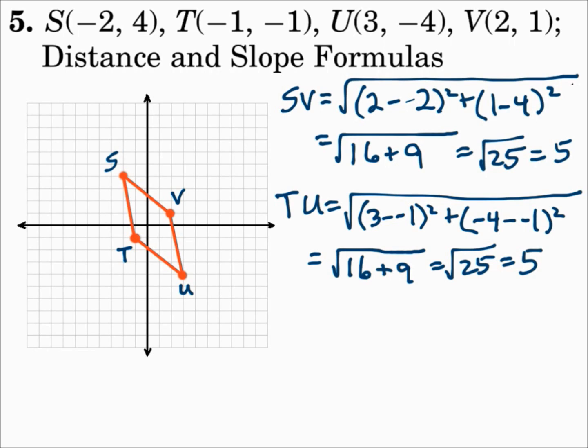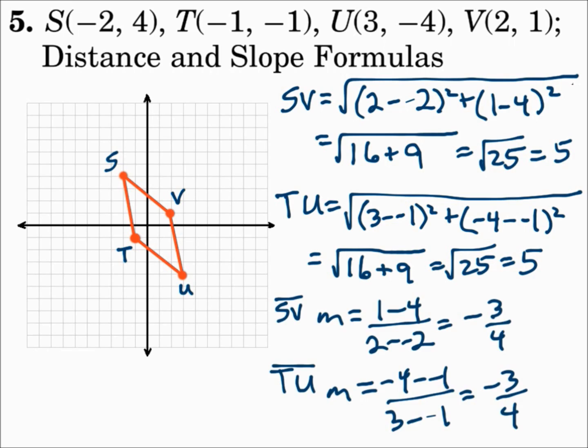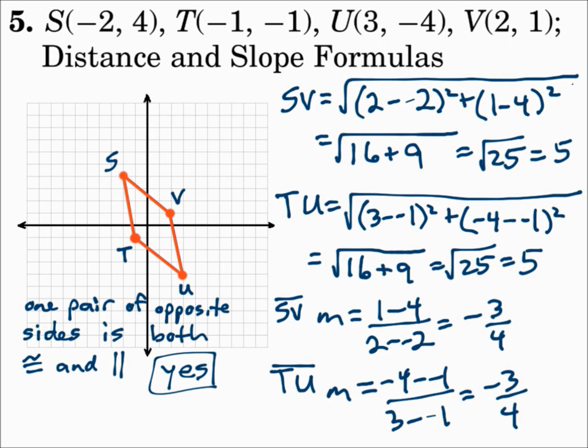So we know that the pair of opposite sides is congruent. Now let's do the slope formula to see if they're also parallel. When you do the slope formula, they each have a slope of -3/4. And since the slopes are the same, it makes them parallel. So we have one pair of opposite sides that is both congruent and parallel. Yes, it's a parallelogram.